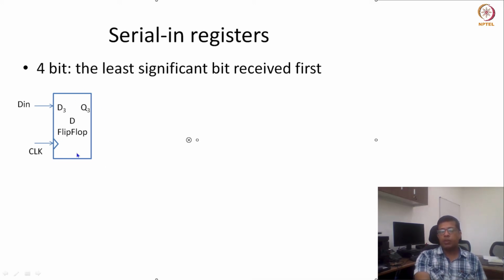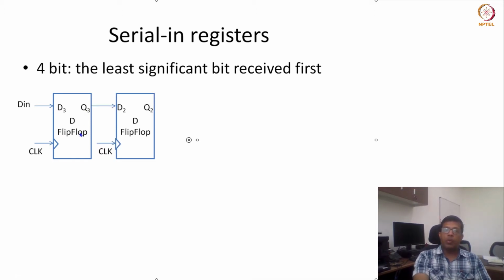Now in this flip-flop, we are giving this input, the least significant input. I said it's a 4-bit register, so I have 4 flip-flops. D3 is the most significant flip-flop, and I'm connecting my D input, the single bit serial input, to my most significant flip-flop. The output of this flip-flop is connected to the next flip-flop, D2.